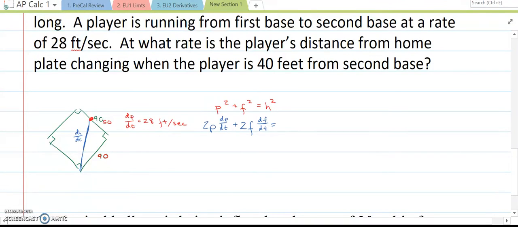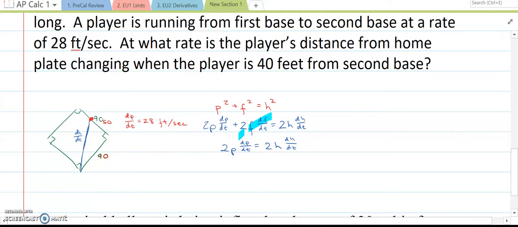And on the other side, I get a 2h dh dt. Let us continue. Again, we said this is going to cancel out here. No need to keep it around anymore. I have 2p dp dt equals 2h dh dt.